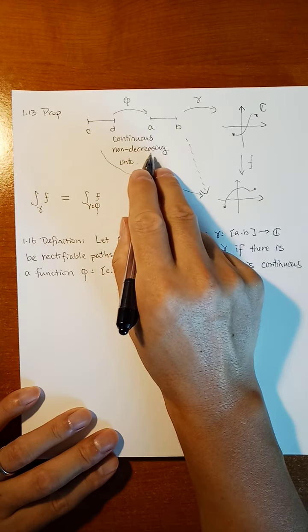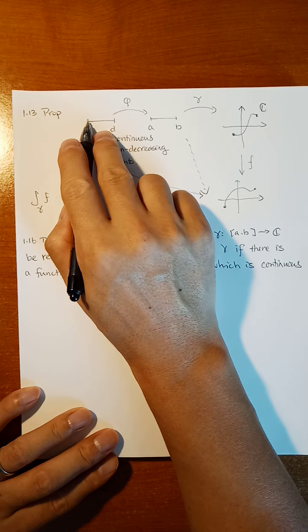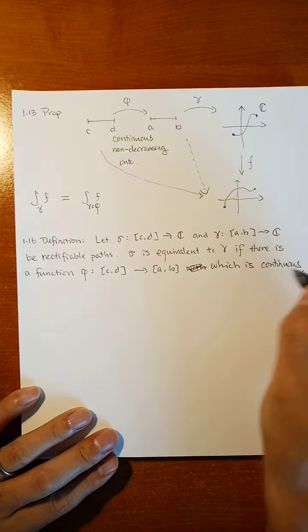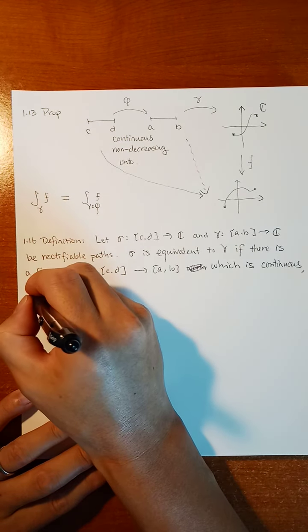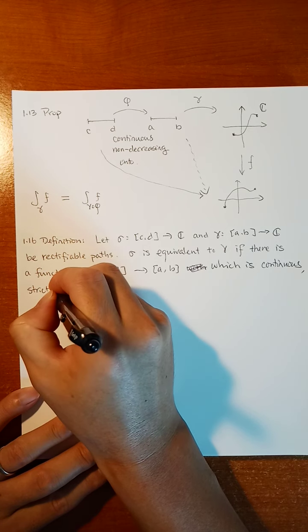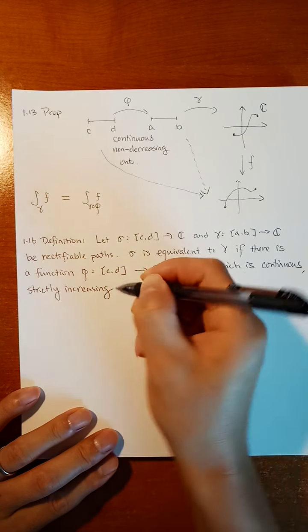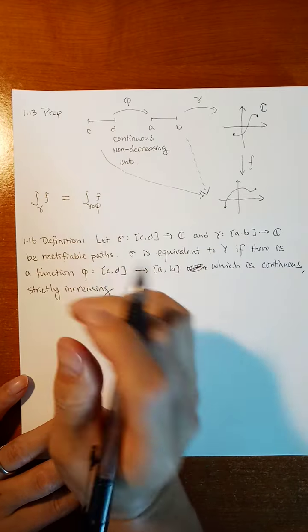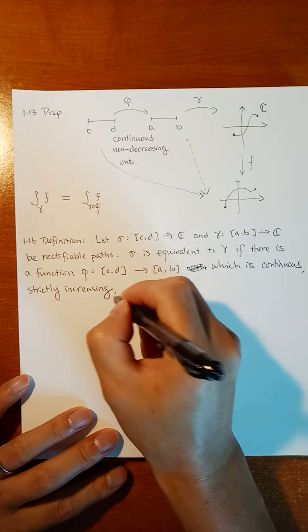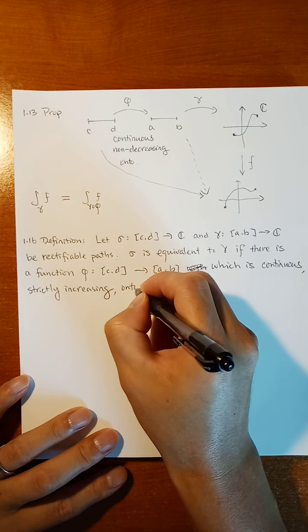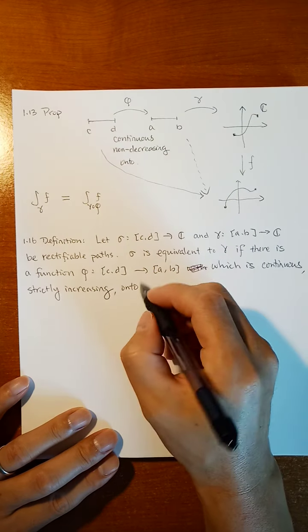And stronger than non-decreasing, to avoid this constant situation, it is strictly increasing. Strictly increasing means there's no constant subinterval. And onto.